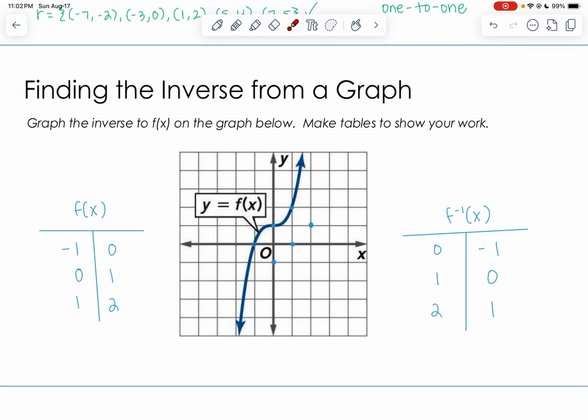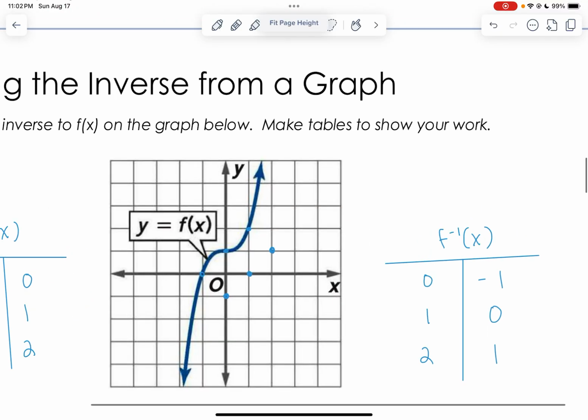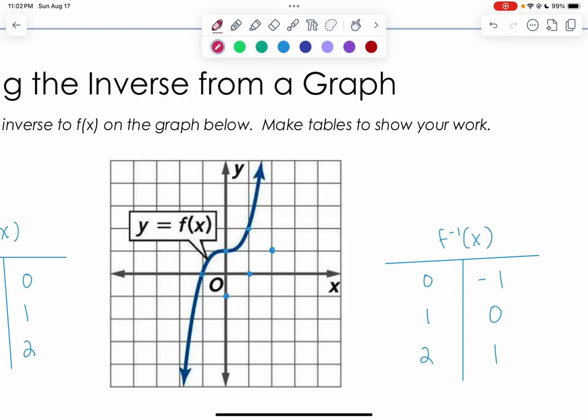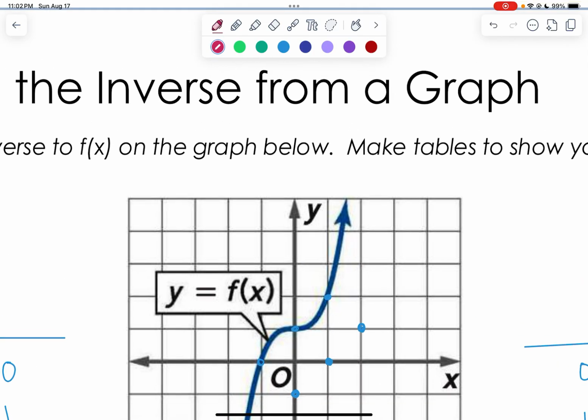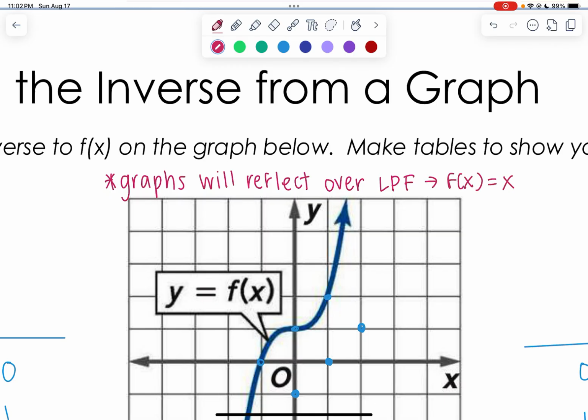So if I'm graphing this, I can also think back that because my x and my y flipped, remember that it should reflect over your linear parent function. So remember that graphs will reflect over your linear parent function, which was just f of x equals x.